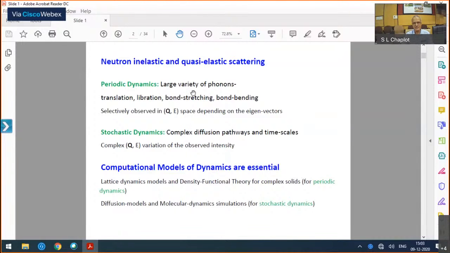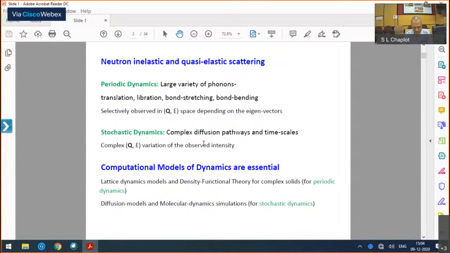Now, because of the complexity involved in most of these studies, in fact, a long time back, maybe 30, 40, 50 years, when one was interested in phonons in germanium or sodium chloride, a highly symmetric structure, such a complexity was not there, and one could actually predict what kind of intensity variation one sees in the experiments.